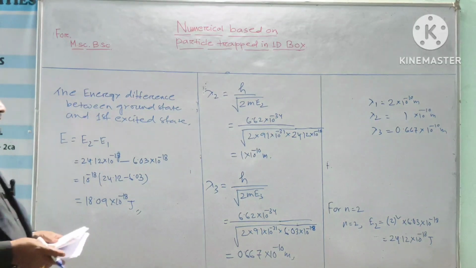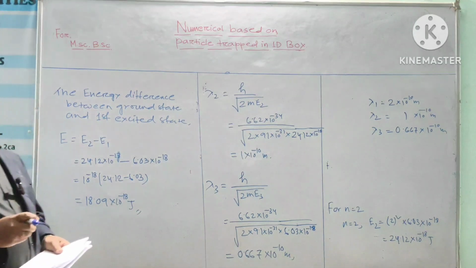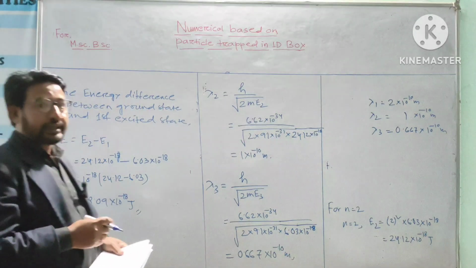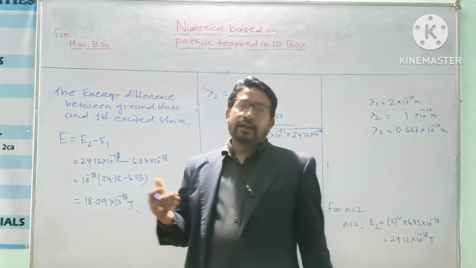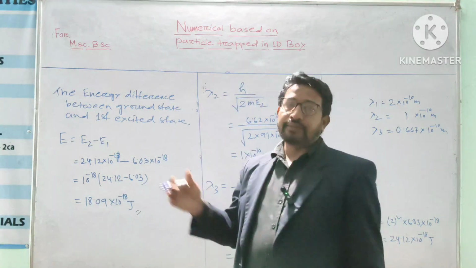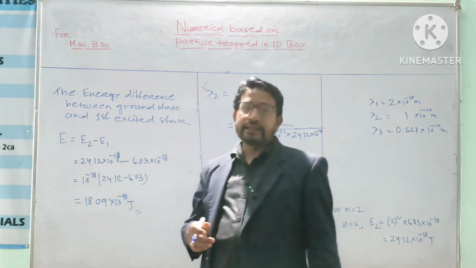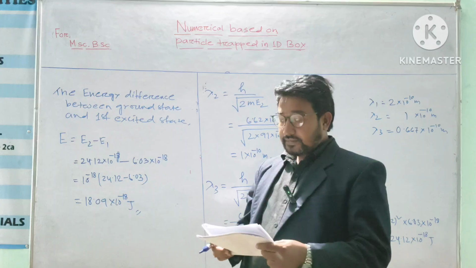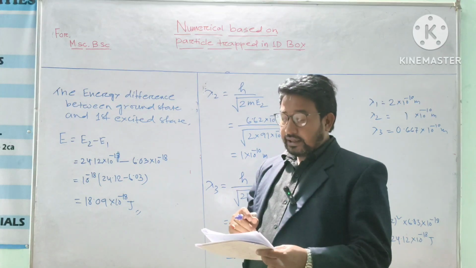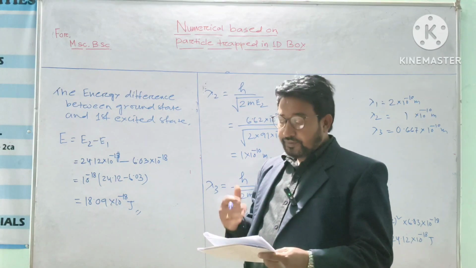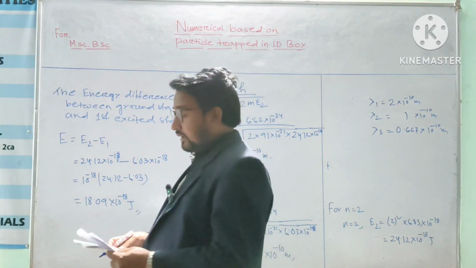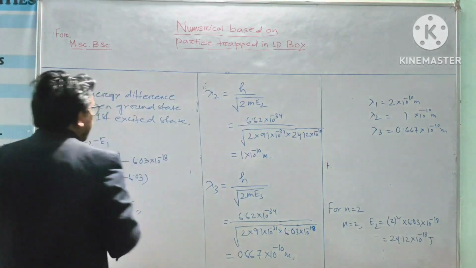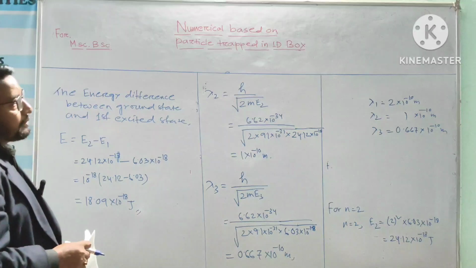H is Planck constant, 6.62 into 10 to the minus 34 joule second. The particle is an electron, so the mass of the electron is 9.1 into 10 to the minus 31 kg. The length of the one-dimensional box is L equals 0.1 nanometer, which is equal to 10 to the minus 10 meter.